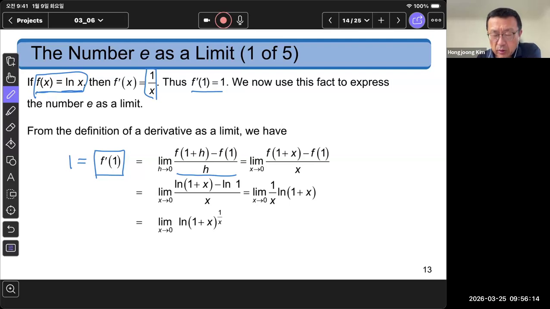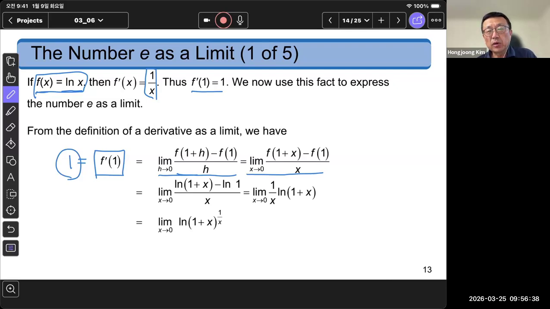Here h is a dummy variable, so I can replace h with any variable, say x. That expression can be written as f of 1 plus x minus f of 1 over x, and if you let x go to 0, this expression will converge to the value 1.